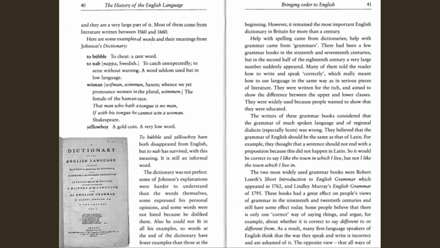These books had a great effect on people's views of grammar in the 19th and 20th centuries, and still have some effect today. Some people believe that there is only one correct way of saying things, and argue, for example, about whether it is correct to say "different to" or "different from."